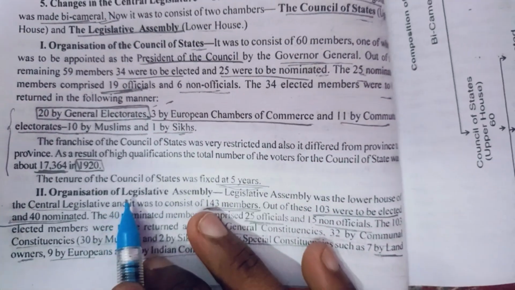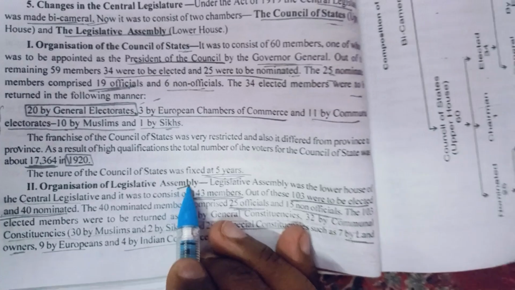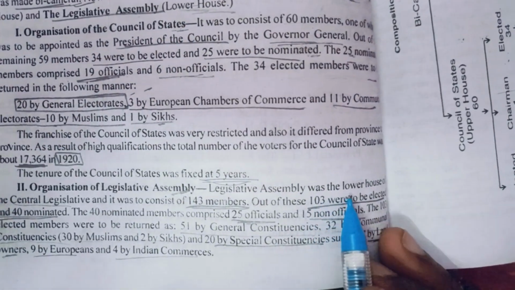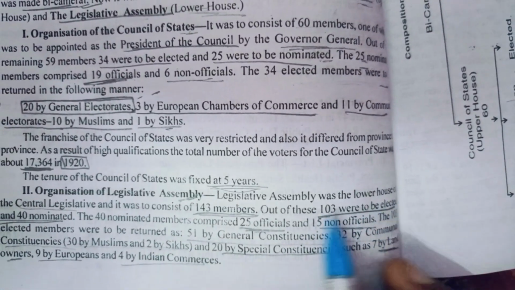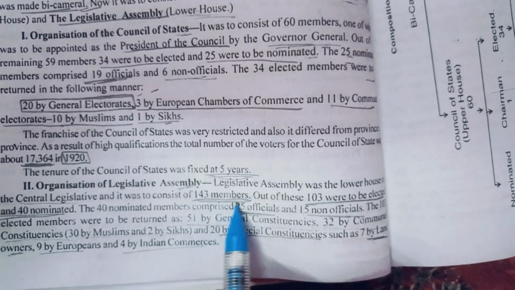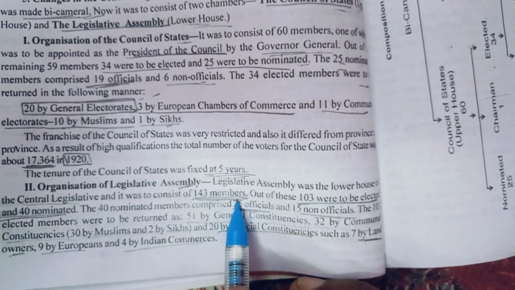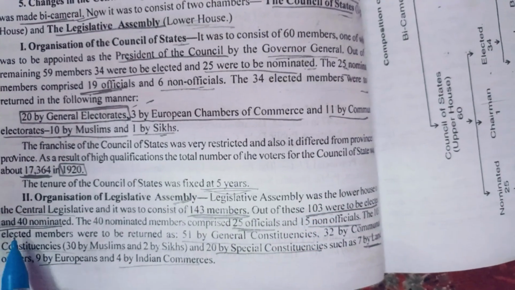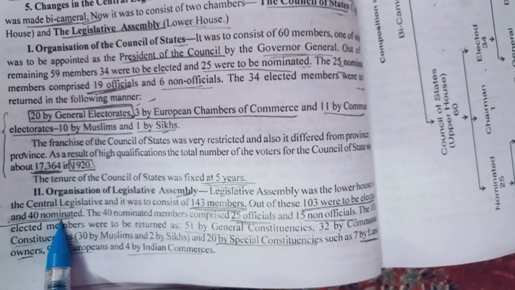Now see the organization of the Legislative Assembly, which is the lower house. The Legislative Assembly was the lower house of the central legislature, and it was to consist of 143 members, of which 103 were elected and 40 were nominated.